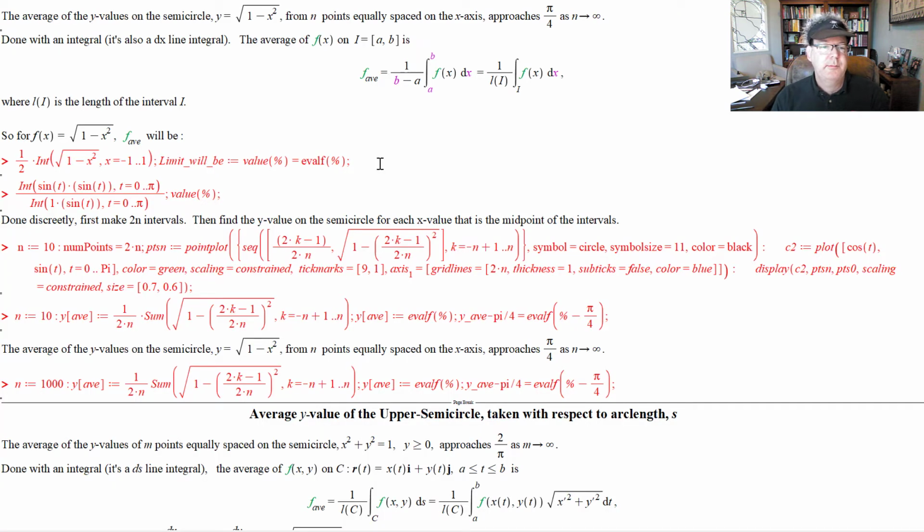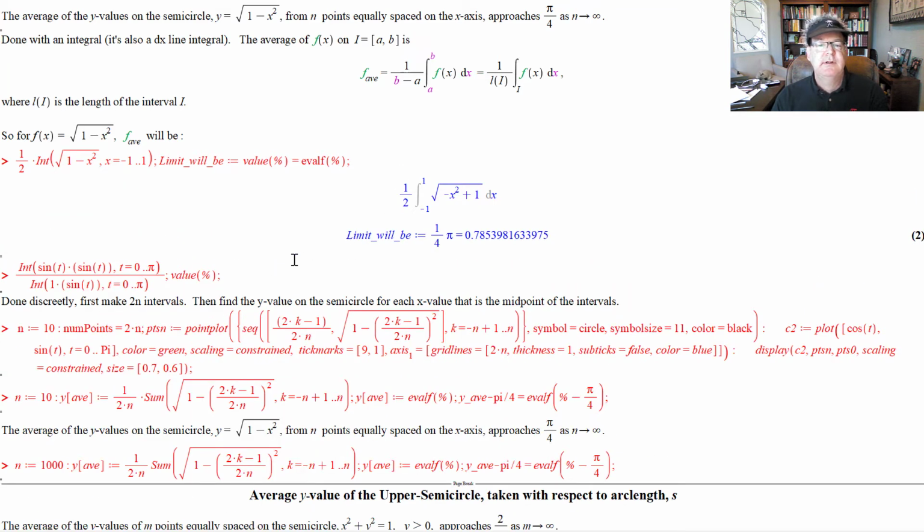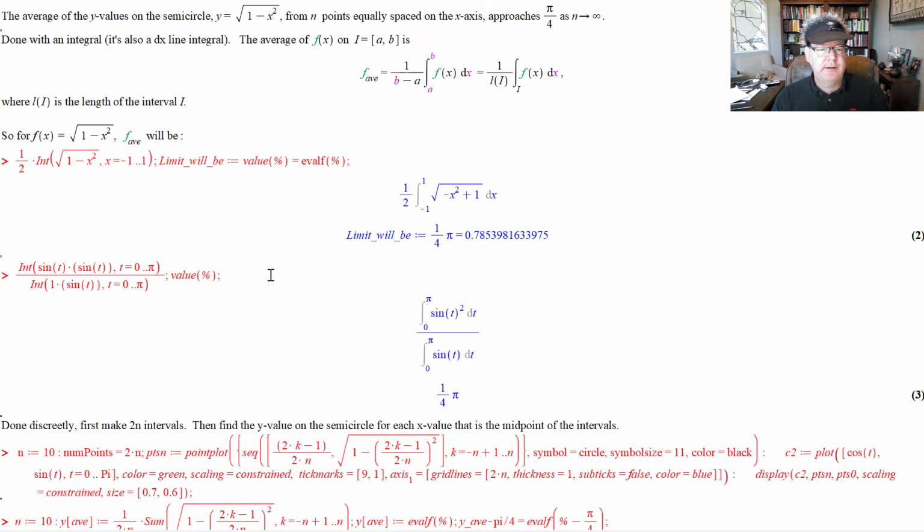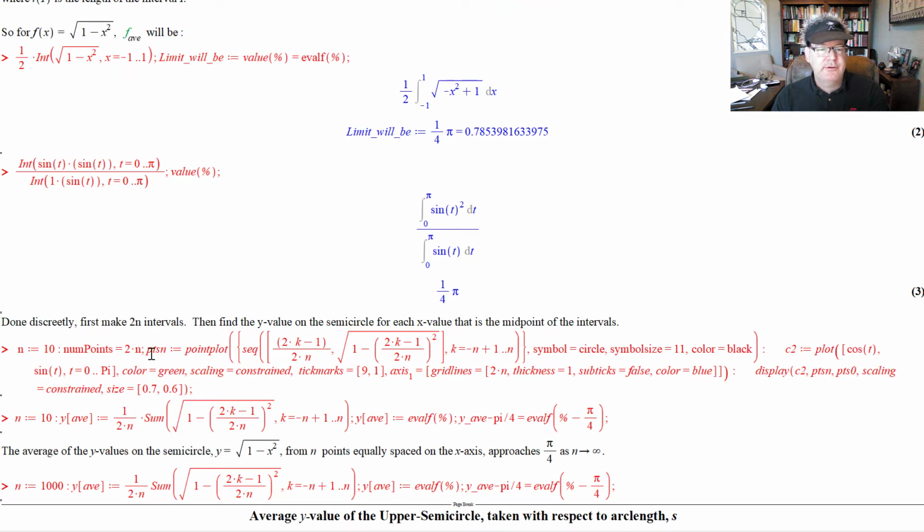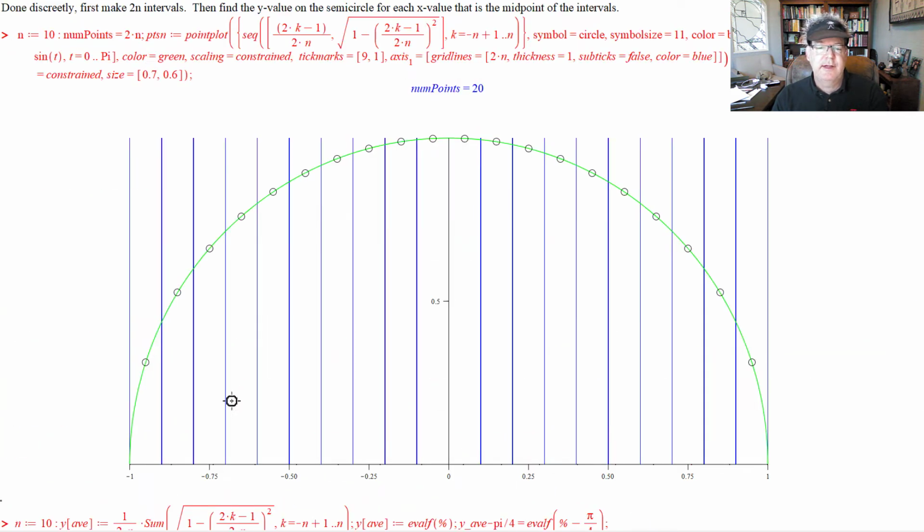So just pictorially, I have both here. This is first the average with respect to x. And the average y value is going to be pi over 4. Maybe I'll come back to this integral in a bit, and we'll take a look at the picture. So discretely, what the picture looks like is I take, say, 20 points equally spaced.